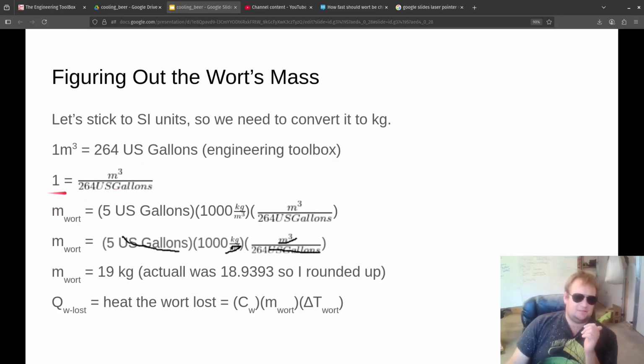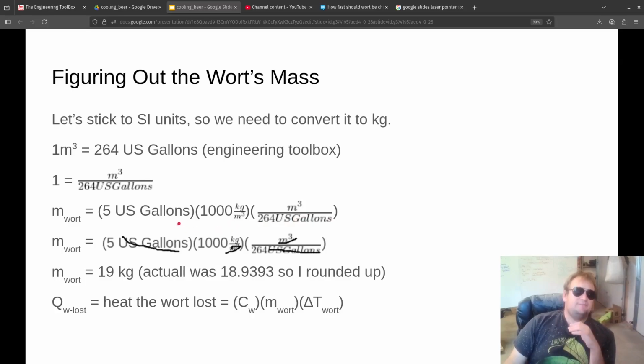We can rearrange that to make 1 equals 1 meter cubed divided by 264 US gallons. So we can figure out the mass of the wort to be 5 US gallons times 1,000 kilograms divided by meter cubed times meter cubed divided by 264 US gallons.